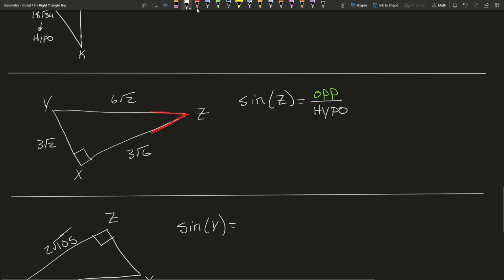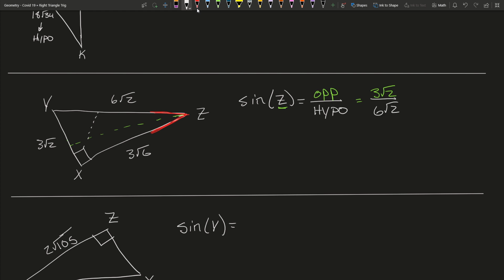So in order to find the opposite side, we draw a line from z, the angle that we're talking about, to the opposite side of the triangle. And that's our opposite side. The hypotenuse is the side opposite the right angle, which is 6 rad 2.